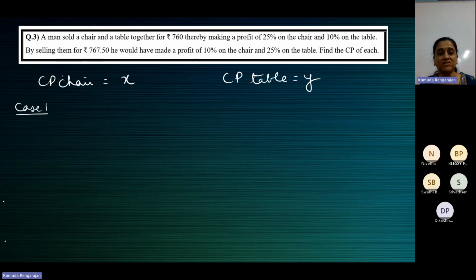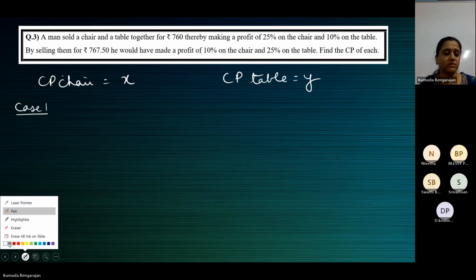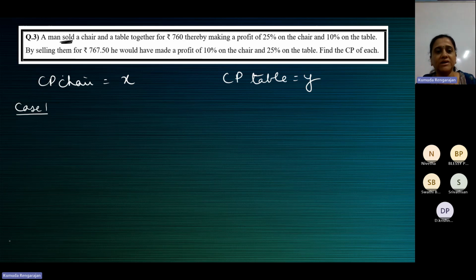Selling price, because a man sold. He sold a chair and a table for 760 rupees. That means it's the total selling price. So SP of chair plus SP of table is equal to 760.